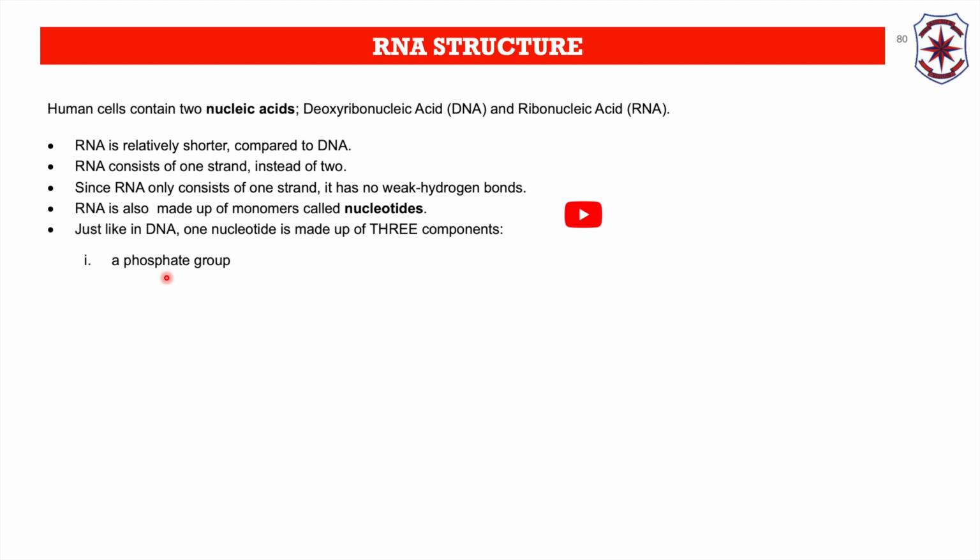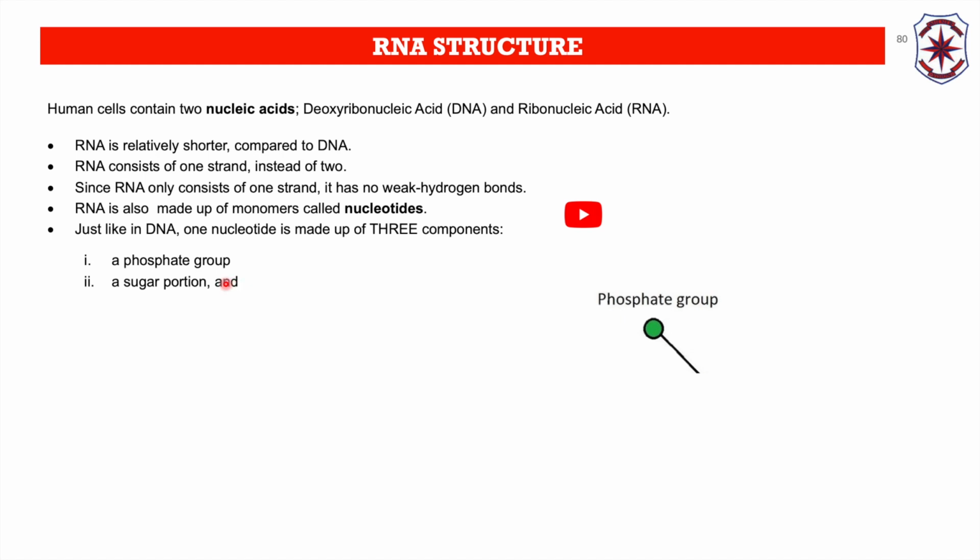I know that a lot of publications, such as textbooks and study guides, say phosphate, but please say phosphate group, or it is sufficient to say phosphate portion. It is not made up of 1 atom of a phosphate, it's actually a group of phosphates. So the first component or the first part of an RNA nucleotide, just like in DNA, is a phosphate group, just like we see over there.